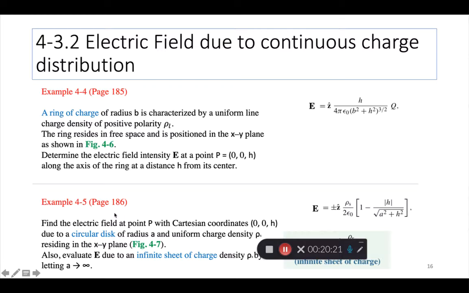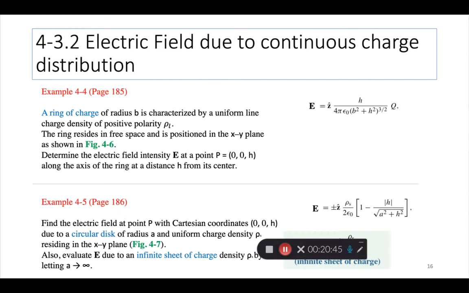Now even though these are shown as examples, I would call them more derivation of formulas, right? And you'll see the same configuration. So here we are talking about a ring of charge, right? An example 4-4. And this is on page 185, by the way.